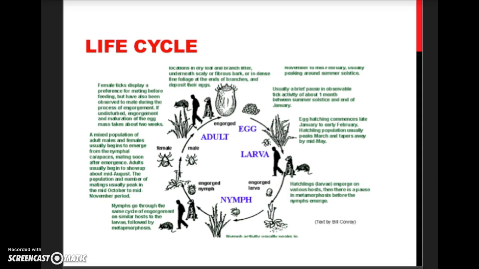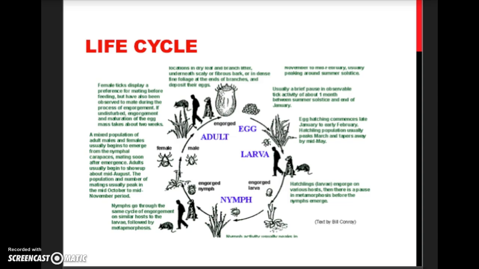The life cycle of the tick, as you can see, is a pretty normal life cycle. It has an egg stage, which hatches into a larva stage. It feeds on any kind of host it can find, like it says there: human, dogs, rodents.